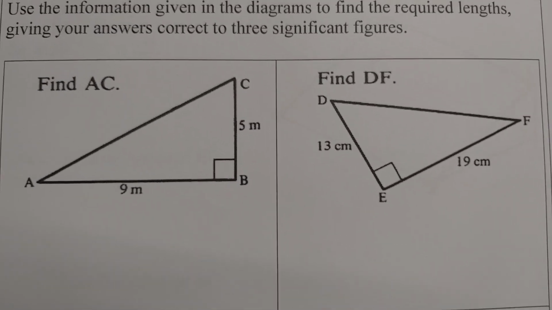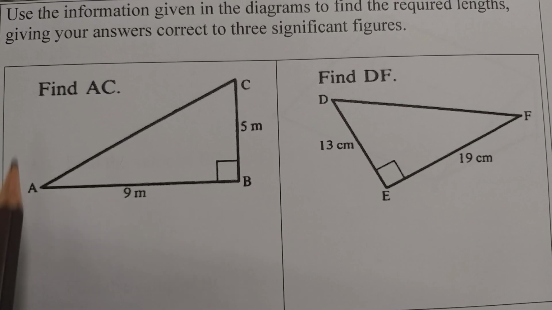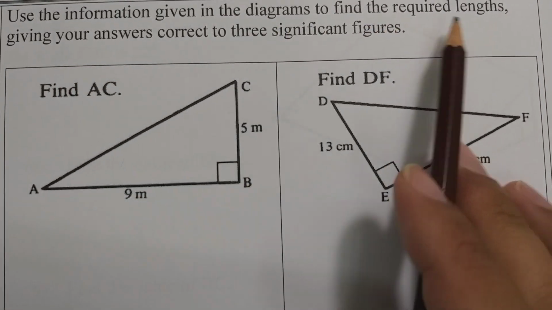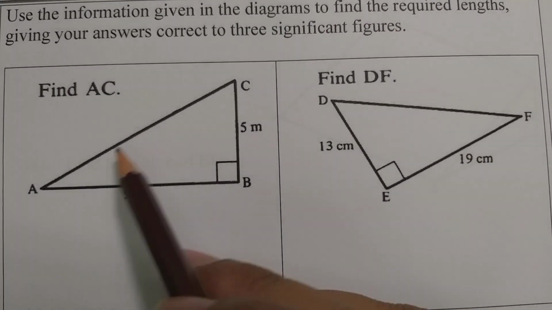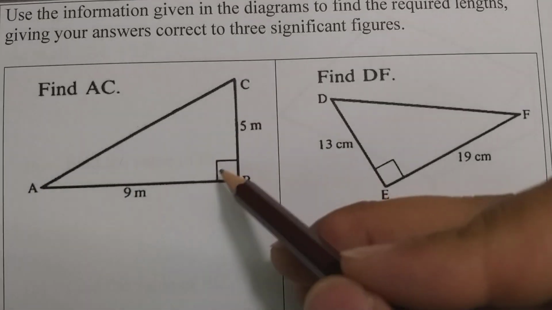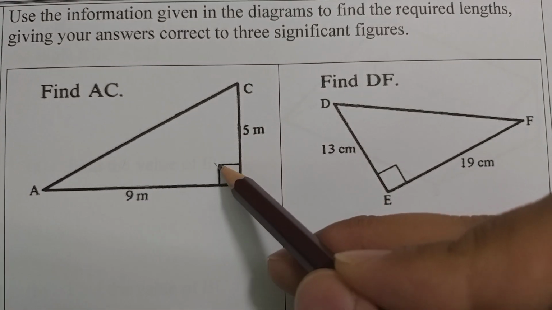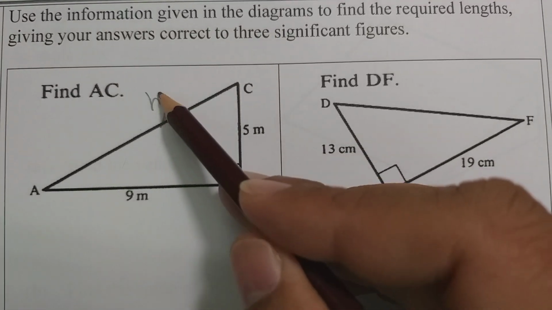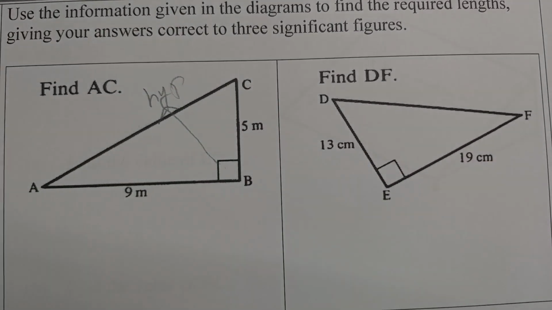Okay, in this question, we need to use the information in the diagram to find the required length. We need to find this length. According to this angle, this side is called the hypotenuse because it is the longer side, in front of the right angle.